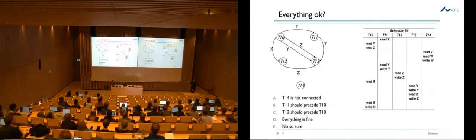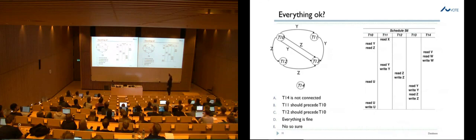Look at Z, for example. As far as Z goes, you have 10 followed by 12 followed by 13. Indeed, 10 reads Z, 12 writes on Z, 13 also writes on Z. That's why you have those Z edges. And another Z edge from 10 directly to 13, of course, and also a Y edge from 10 to 13.